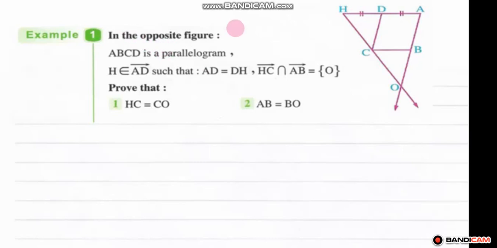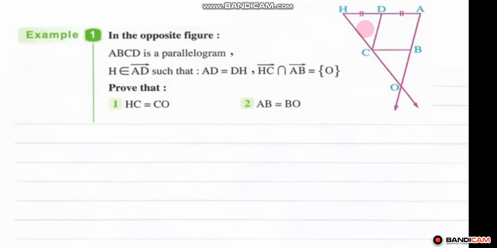In the opposite figure, ABCD is a parallelogram, and H belongs to AD. Where's H? H is here. And AD equals DH.